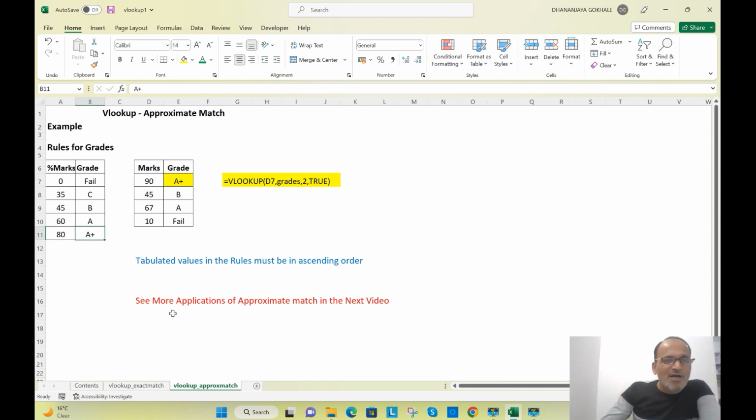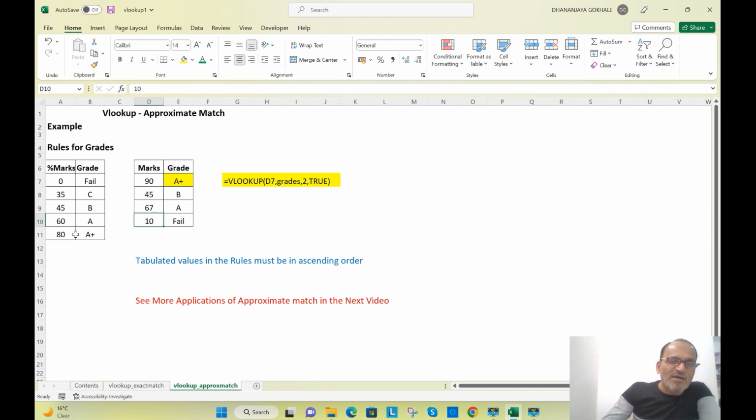Correct? But the beauty is when you have said true in the last argument, an approximate match, that means what is the value written over here? 10. Okay, marks are 10. Do we see 10 in this? No. Then where is 10? We look into the table for the nearest lower value.